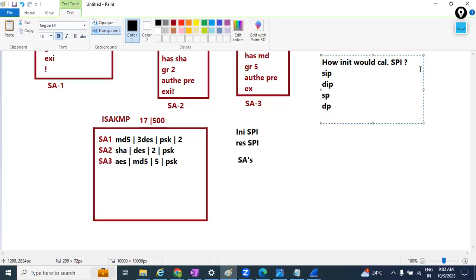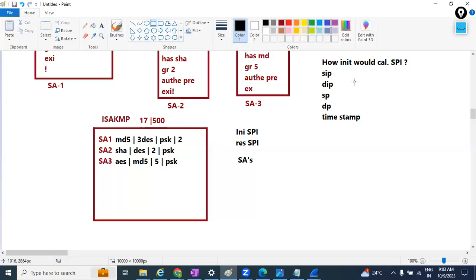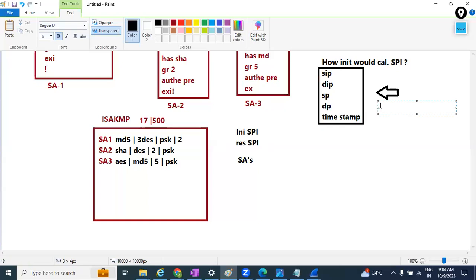Mainly it would use these 4 parameters, and along with that a time stamp. It would use these 4 or 5 parameters here. And on top of that, it would perform some internal mathematical formula, or in short, a hash function. After that, it would generate one SPI value.